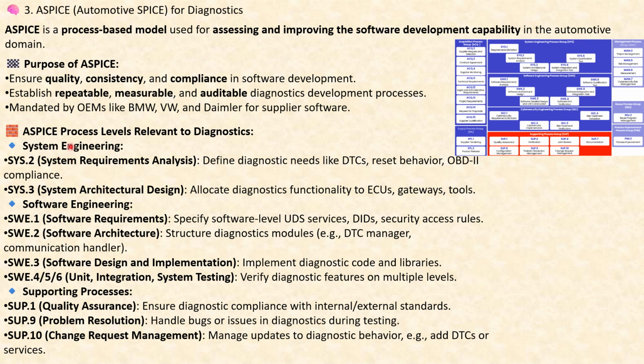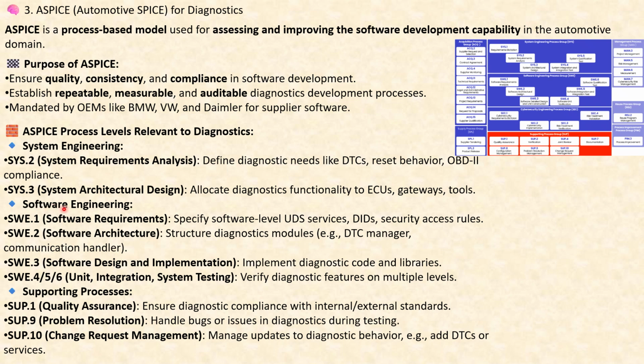Now, when it comes to ASPICE process levels relevant to diagnostics, there is system engineering, usually called SYS.2, which defines diagnostic needs like DTCs, reset behavior, and OBD2 compliance, and SYS.3, which comprises the system architectural design, allocating diagnostics functionality to ECUs, gateways, and tools.